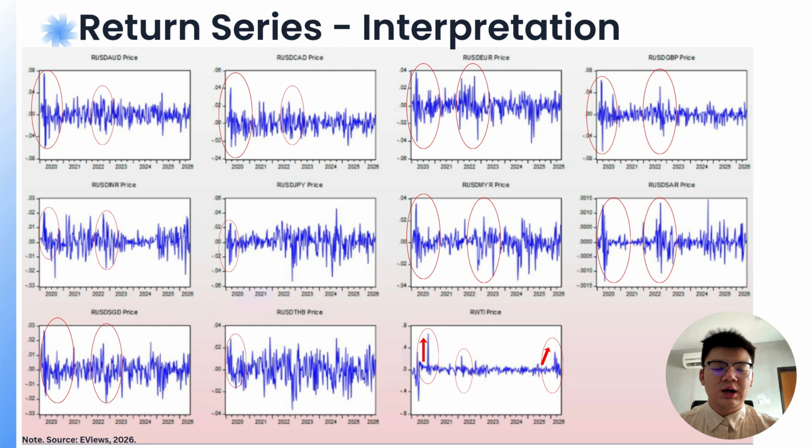And then for the return of WTI, we can also see another critical spike around early 2026, which is also due to the Iran-US conflict and the Strait of Hormuz disruptions.